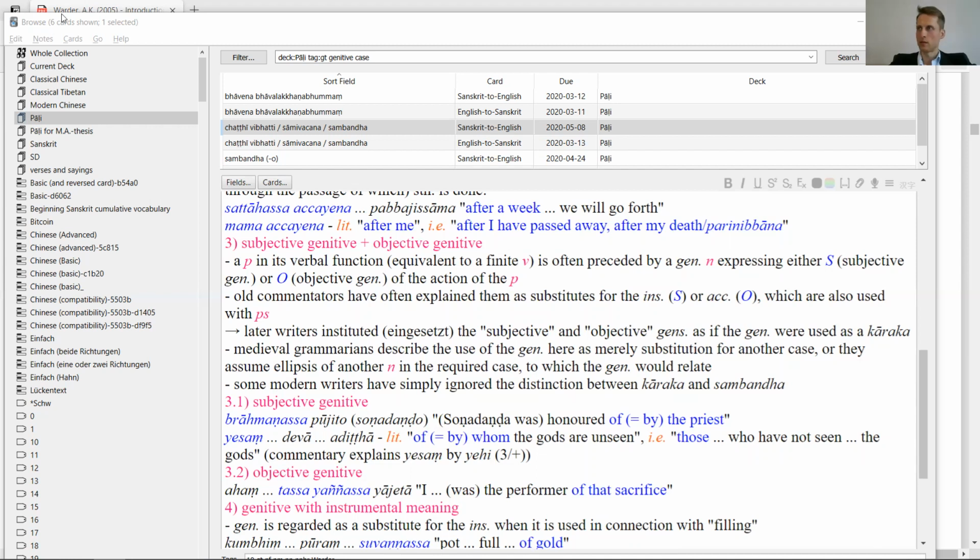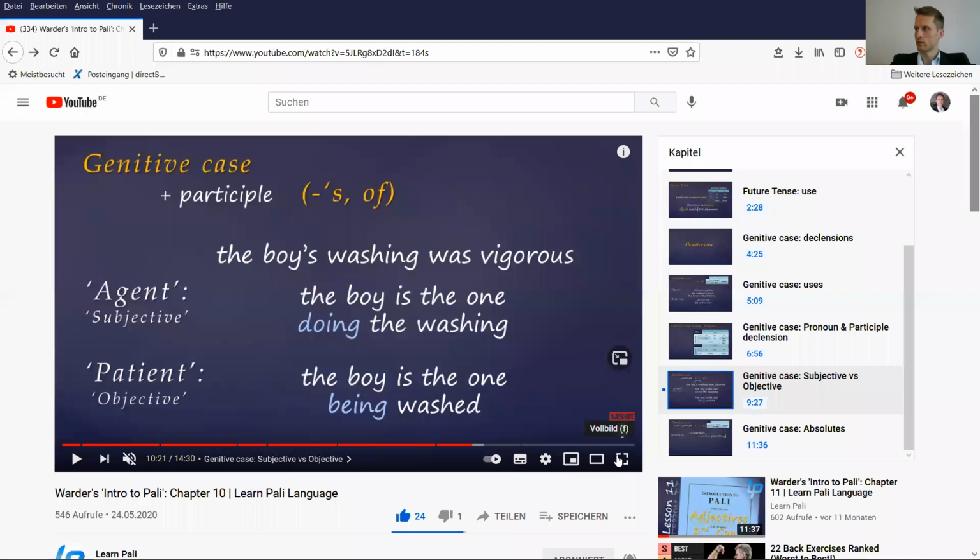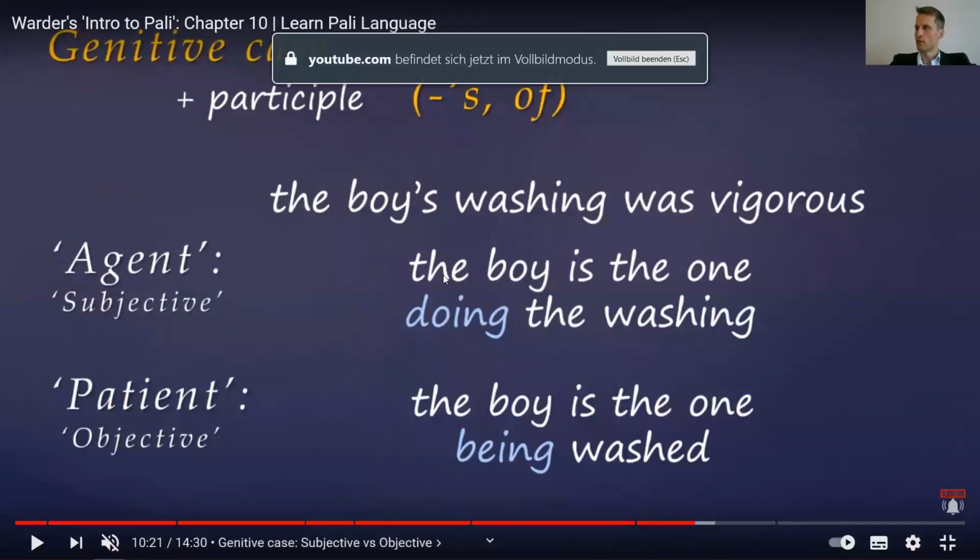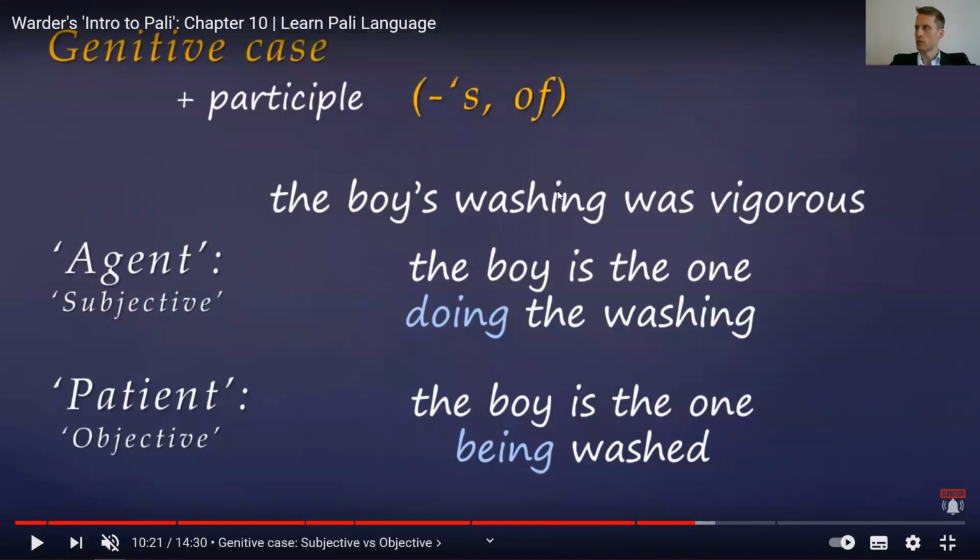And then it looks like this. So either agent or subjective: the boy's washing was vigorous, the boy is the one who's doing the washing. Or the boy's washing was vigorous, meaning the washing of the boy. I cannot express it otherwise, meaning the boy is the patient or the object of the sentence. So the boy is the one being washed.